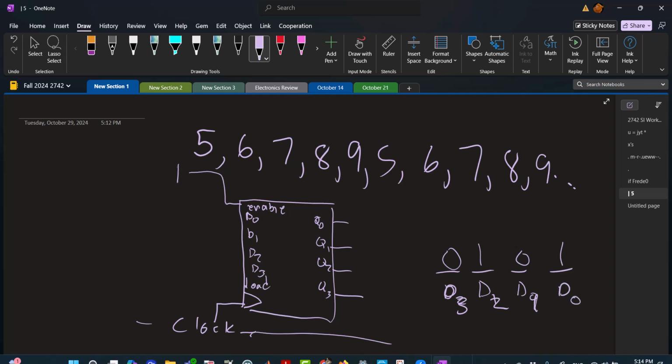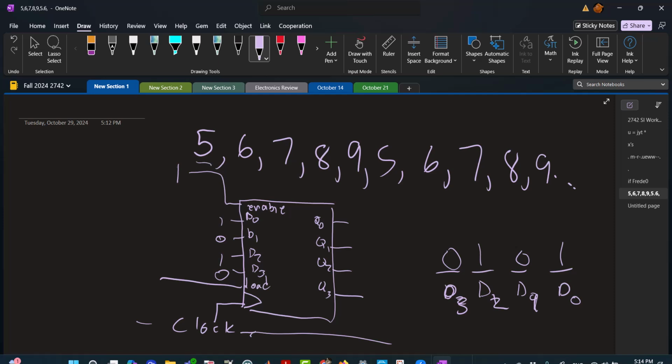So I want to load D3 is 0, D2 is 1, D1 is 0, and D0 is 1, because that's the value of 5. So whenever it's time to load, I want it to load that.